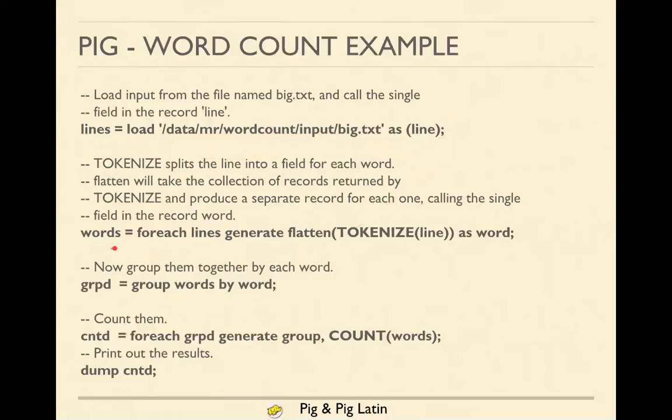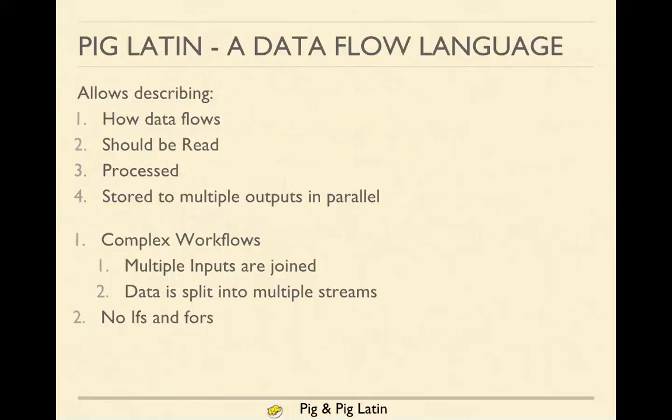Then we iterate over the lines, generate and break them down into words, group them, and then compute the counts. So this is how a Pig program looks. It is more like stepwise SQL. All right, let's move on.